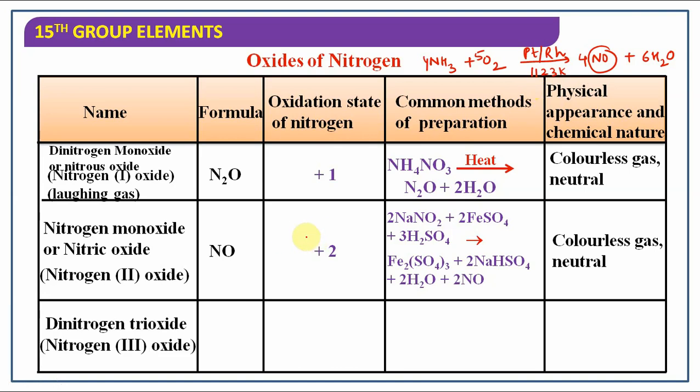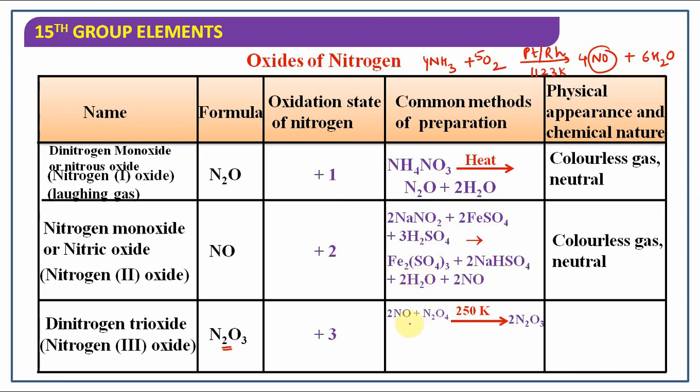Now, the next one is dinitrogen trioxide or nitrogen 3 oxide. Formula is N2O3 and oxidation state is +3, children. How it can be prepared, you can see under the preparation method.